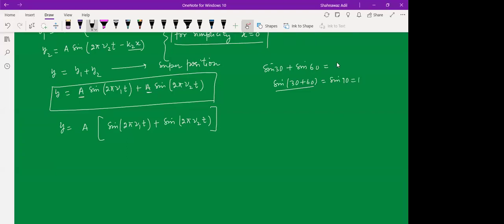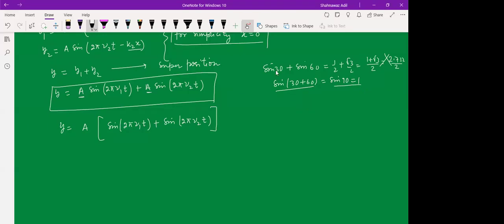Sine 90 is 1. Sine 30 is half. Sine 60 is root 3 by 2. So this would be 1 plus root 3 by 2. Root 3 is 1.732, so this would be 2.732 divided by 2. So this is not 1, right?